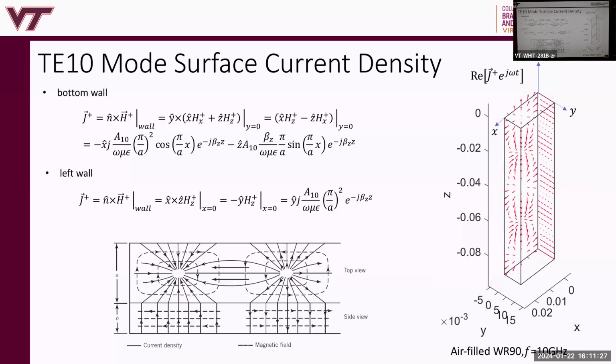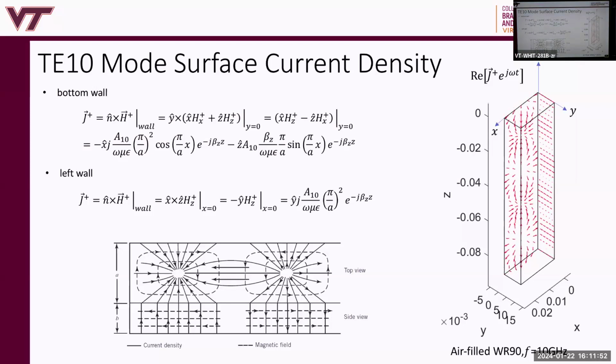That means it's y hat, right? So this normal vector here, see if I can get a different color. Green maybe. This unit vector n hat is like that, right, for the bottom wall. In general, we have x and z components of the magnetic field.